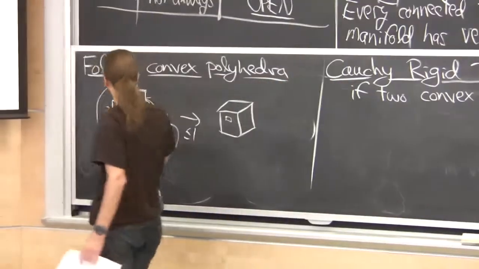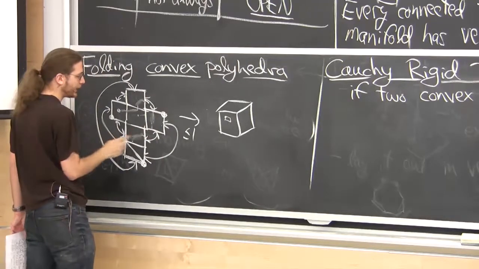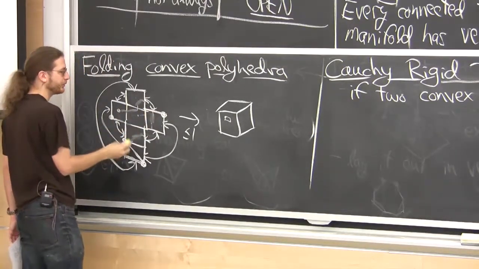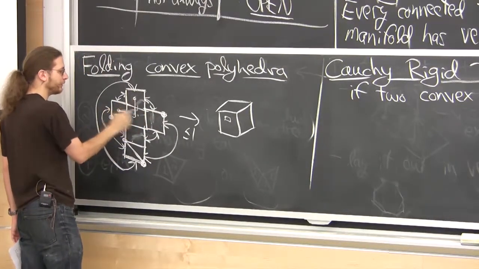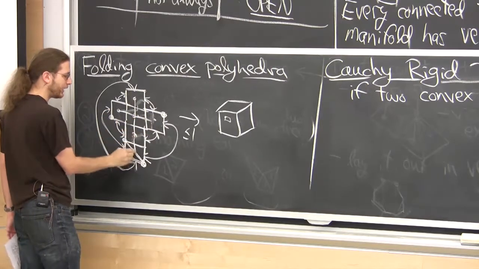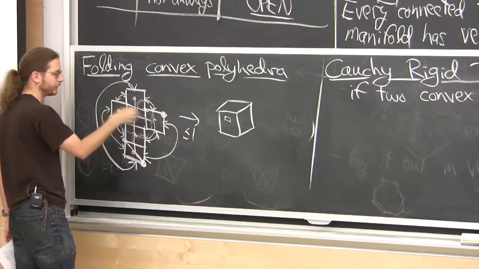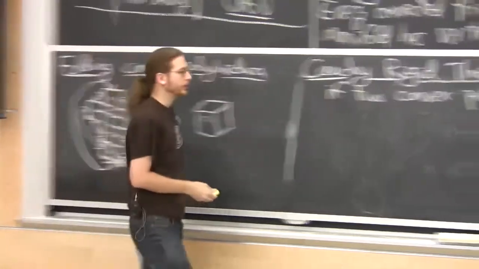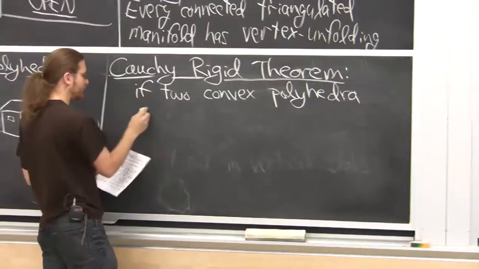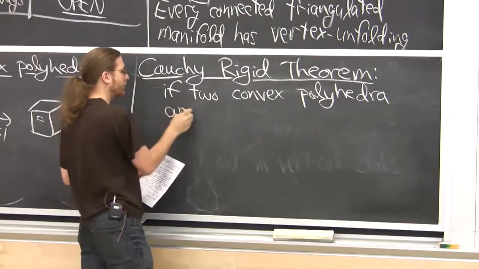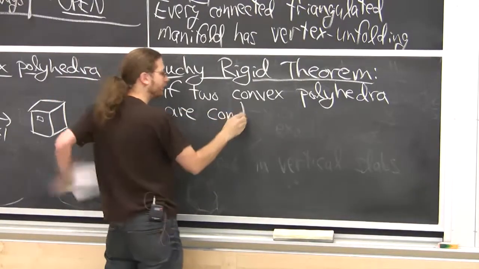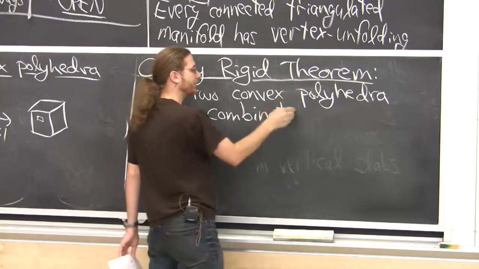So there's the geometry of the faces, and there's how they're connected together. So here initially I drew a tree of how the faces were connected together, and then I drew some other connections, like this. So the dual here is, of course, an octahedron. But if you have 2 convex polyhedra, and they are combinatorially equivalent, they have the same way that things are connected together, same graph.